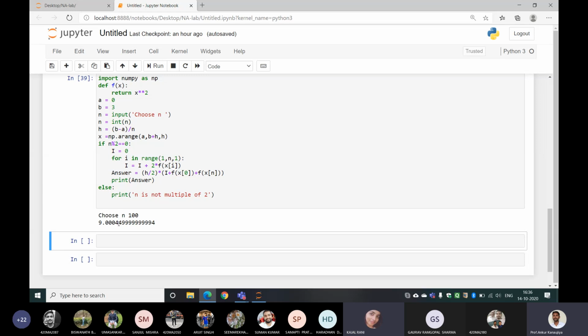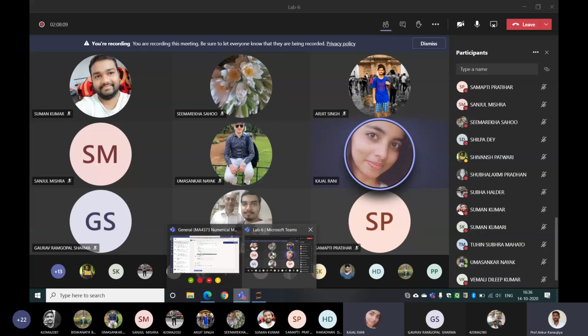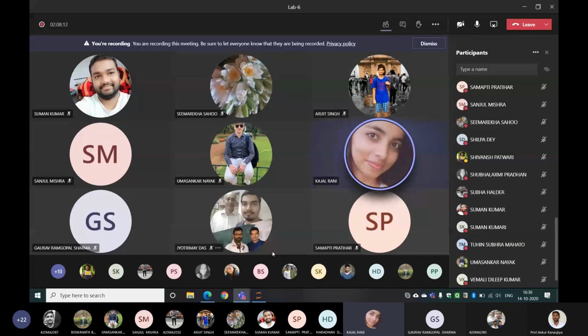So tell me, who will give the answer to this question. No digit is matching, even 0 digit is correct. But I want the answer correct up to 5 decimal places. So will you accept this answer 8.99999, even though it is very close to 9?